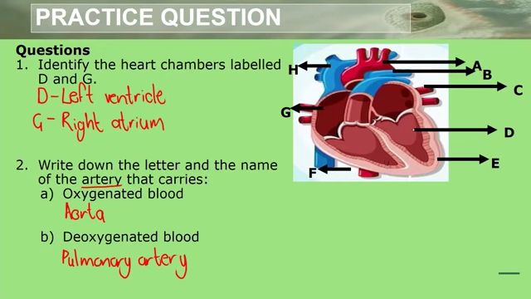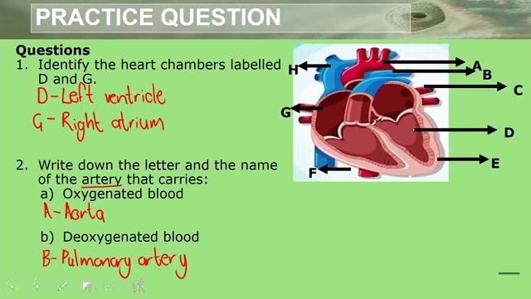Let's make sure that we have answered our question fully. It says write down the letter and the name of the artery that carries oxygenated blood and deoxygenated blood. We've written down the names of the arteries. We just need to add in the letters. So the aorta is found at A and the pulmonary artery is found at B.